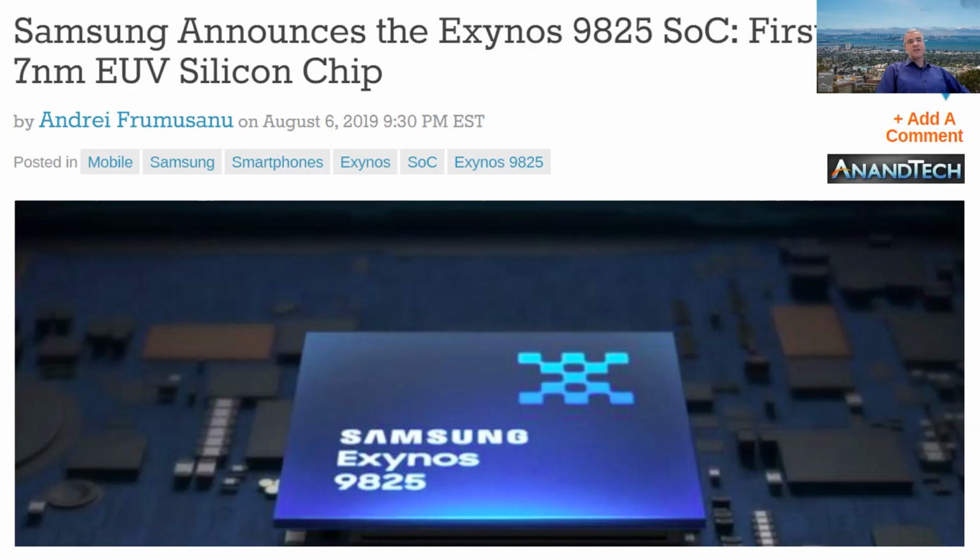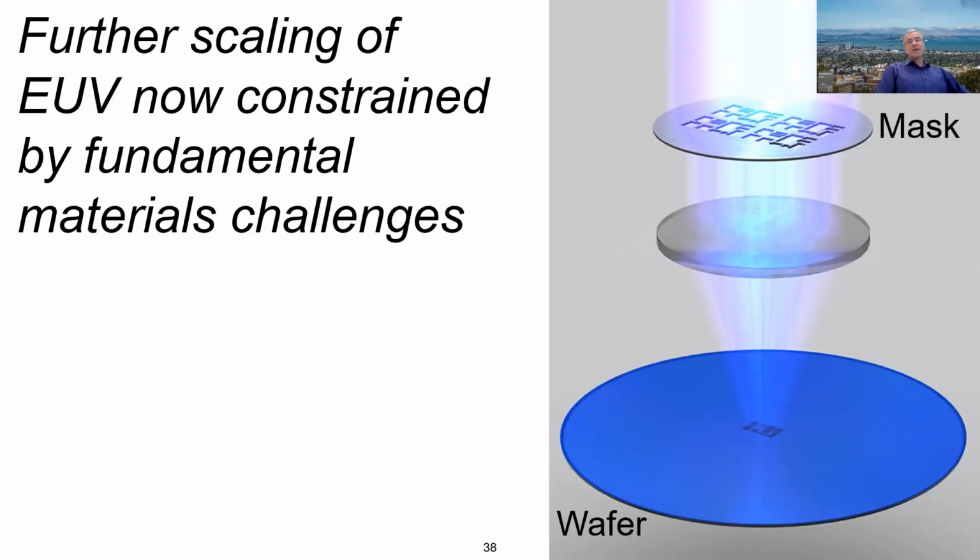And we'll show you on the next slide, is to keep moving EUV lithography forward. We're actually now constrained no longer by the optics and the light bulb and all these things that we studied for the past 3 decades, but we're really more constrained by the fundamental materials challenges in making things even smaller.